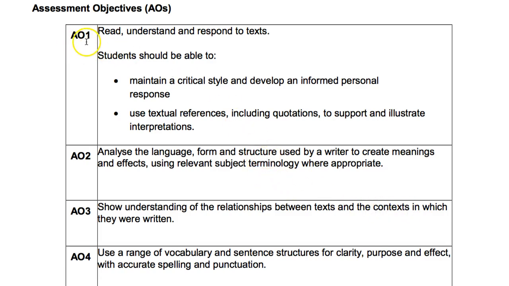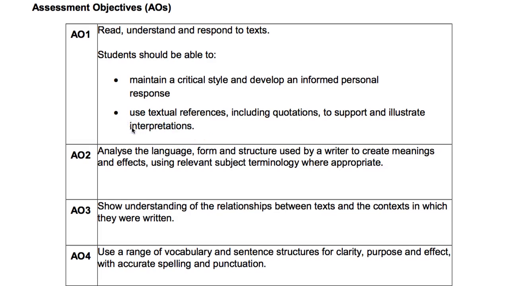Let's go up to AO1. Will the context affect that? Well, yes, it will, because AO1 is basically looking at language and interpretations. Obviously, your interpretations are going to refer to what contemporary readers at the time would have thought.